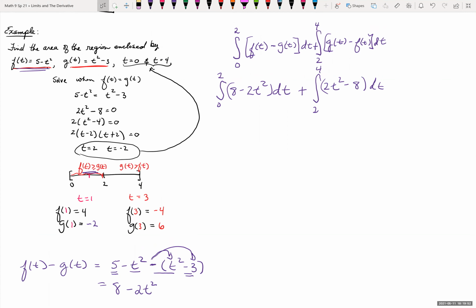Okay, so let's go ahead and integrate and find the definite integrals. So the antiderivative of 8 gives me 8t minus the antiderivative of 2t squared. So 2, add 1 to my exponent, 3, divide by 3. And this is all evaluated from 0 to 2.